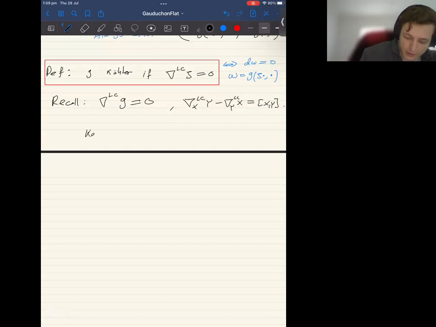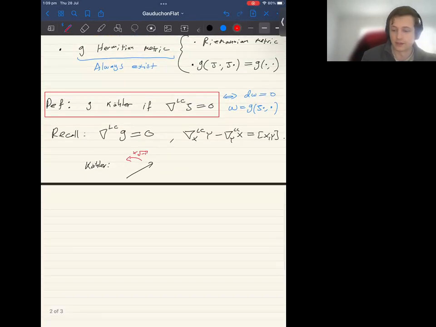So the Kähler picture looks like this. Say I have a vector. I can multiply by i, effectively multiplying by J, and this gives me another vector. And the Hermitian condition means I want this to be a right angle, as in I want it to be orthogonal.